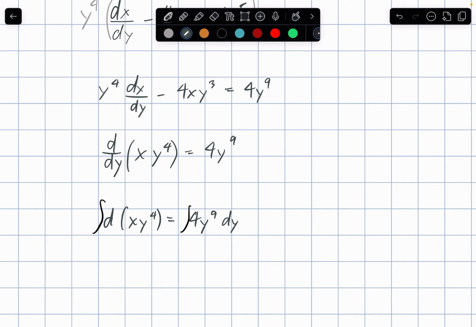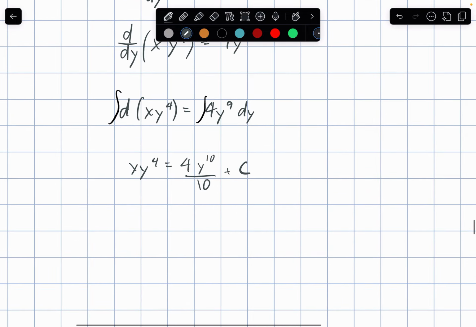Okay, then integrate: xy raised to 4 equal to 4 y raised to 10 over 10 plus c. Now let's solve for x. Divide both sides by y: 2 over 5 y raised to 6 plus c y raised to negative 4.